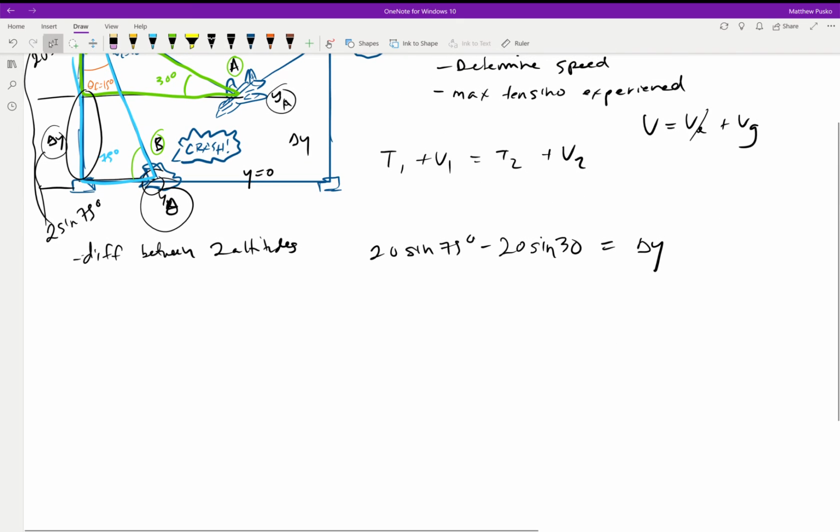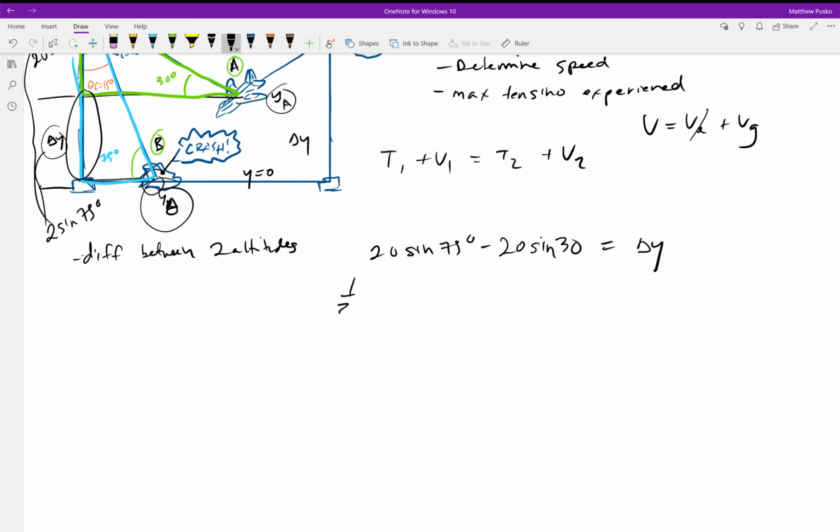Because that's our potential, we're going to get energy from that gravitational potential energy, and it's going to turn into velocity right before it crashes. That's all we care about, is right before it crashes.